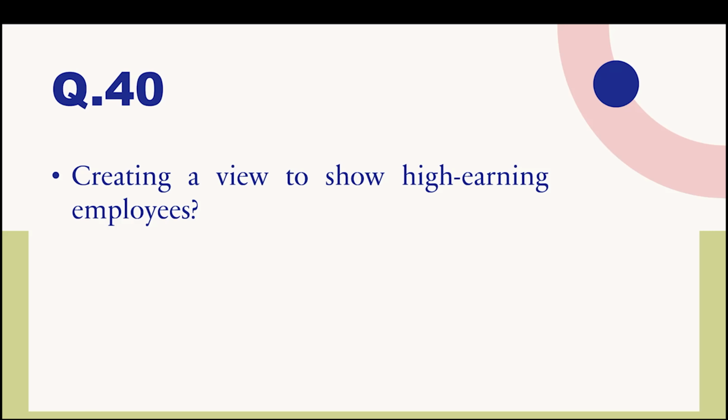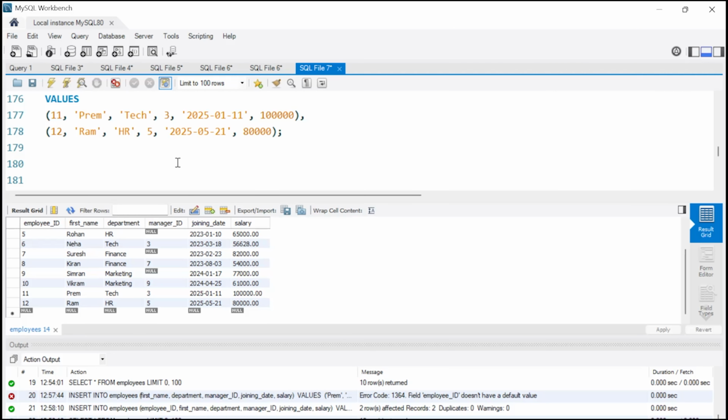So create a view to show high earning employees. So we will create a view. For that we will use create view, and give the name as per your requirements.